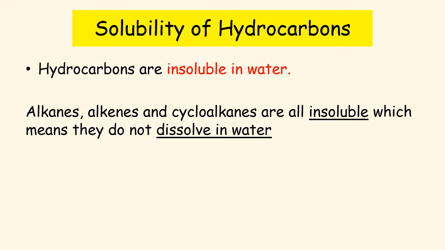So oil is a hydrocarbon, and you know that if you mix oil and water that they form different layers. That's what happens if you try and dissolve an alkane, alkene, or cycloalkane in water. It doesn't dissolve, it forms layers instead.